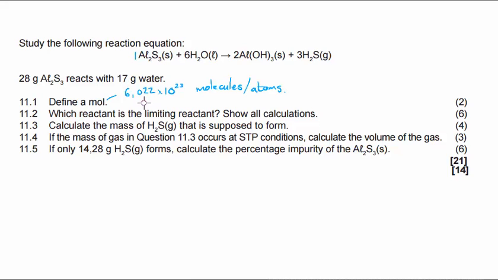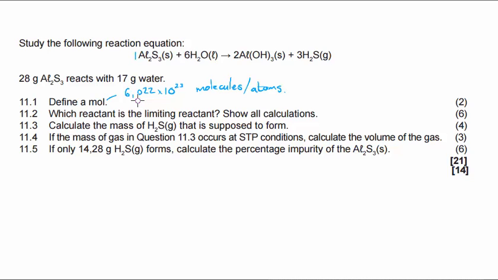You don't know by looking at it. Remember, mole is not grams. Mole is a quantity. 1 mole of water is 18 grams. 1 mole of aluminium sulfide is 150 grams.